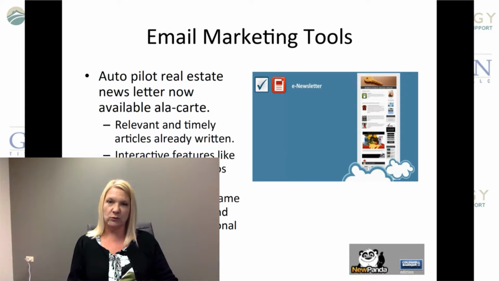So you can create groups within New Panda. So people that are not in the primary sphere group would not be receiving the AVP newsletter. So you definitely want to make sure anybody you want to have it would be in that group. And really, it's just a bunch of articles they've put together. It's got great content. You customize it with your headshot and your personal information, and then it is sent via email to your contacts monthly.